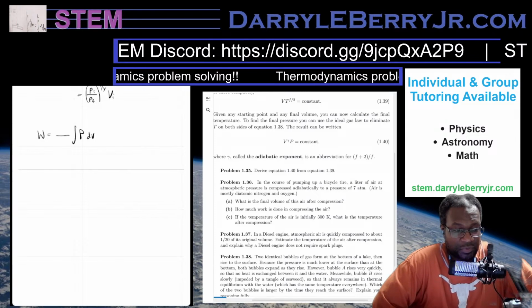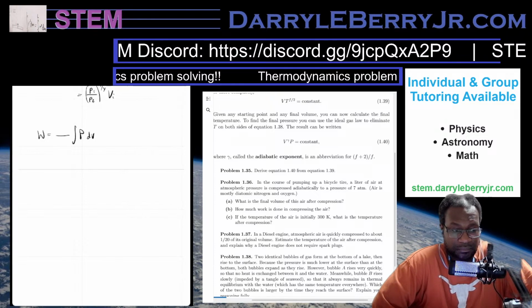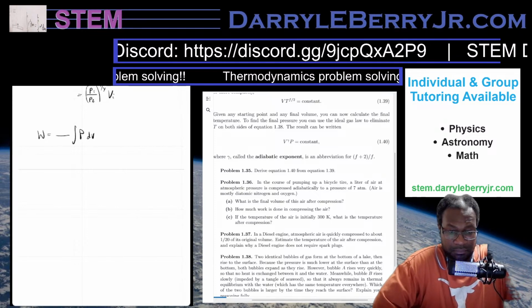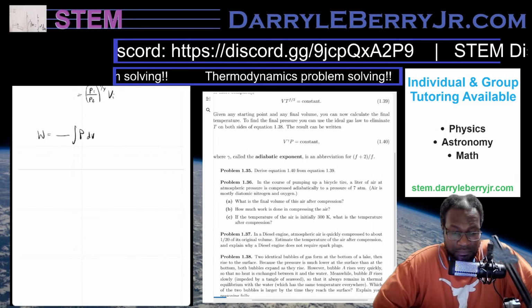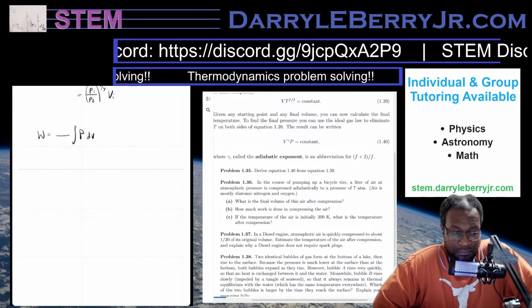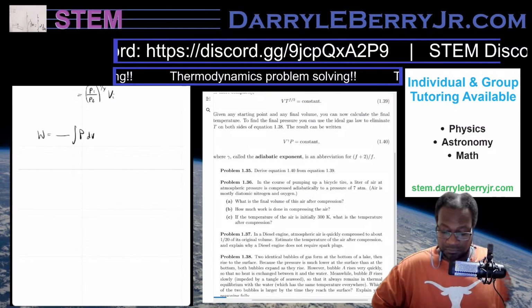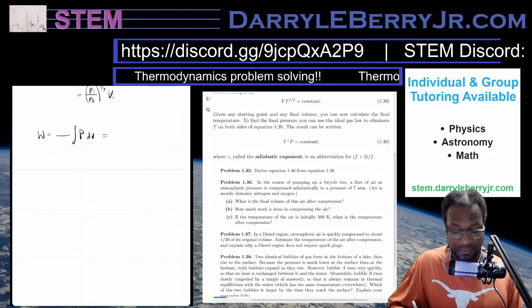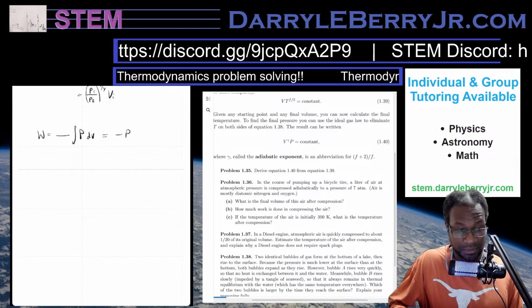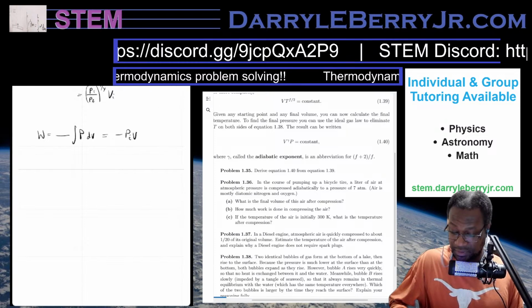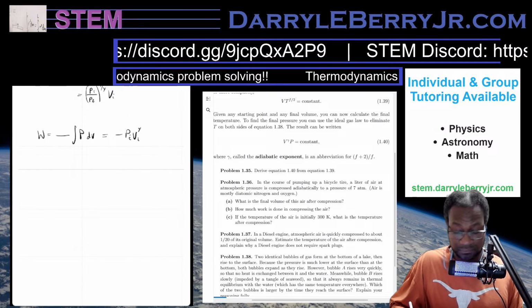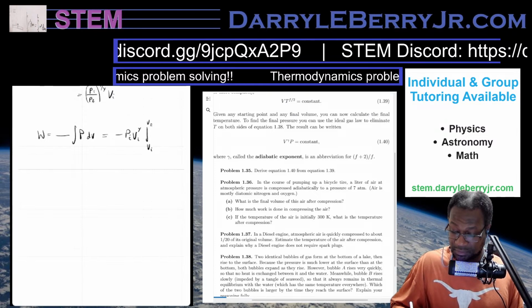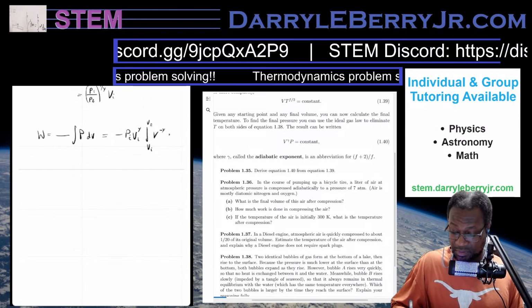So we use something more discrete. Just write out what they have. Negative Pi Vi^gamma integral from Vi to Vf of V^(negative gamma) dV.